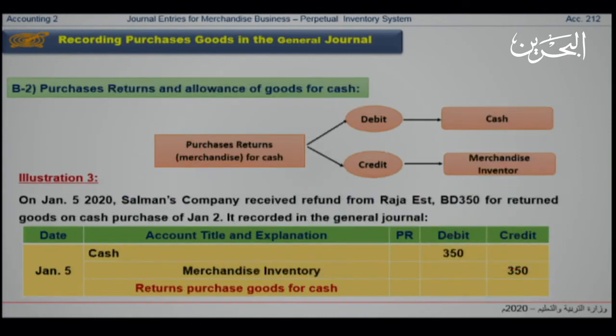Moving to the purchase return and allowance for goods for cash. In our example, Salman Company received a refund from Raja. The amount of this refund is 350 BD. How can I write this transaction?